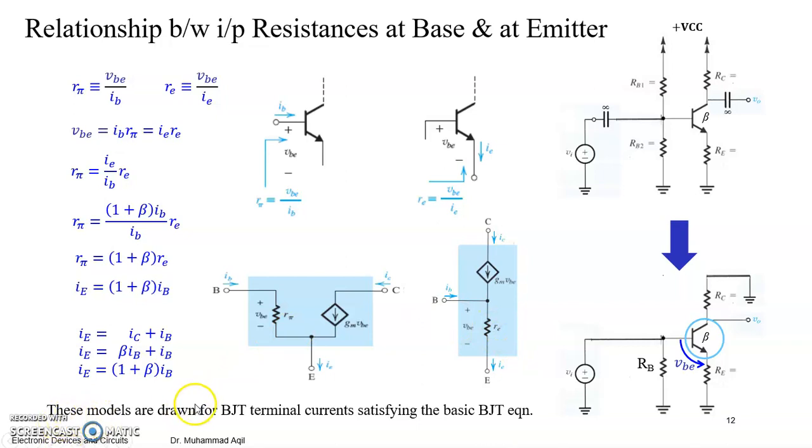And these models are drawn for BJT terminal currents satisfying the basic BJT equation: emitter current is equal to base current plus collector current. If you write Kirchhoff's current law for this node, you will come up with this, right? Same here. Base current plus collector current is your emitter current.